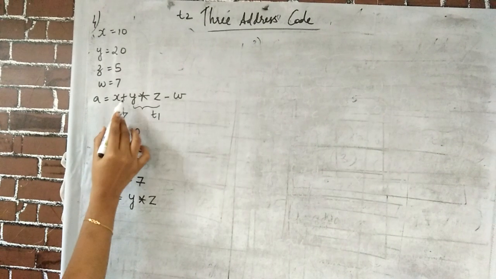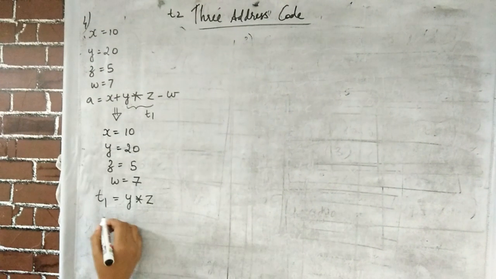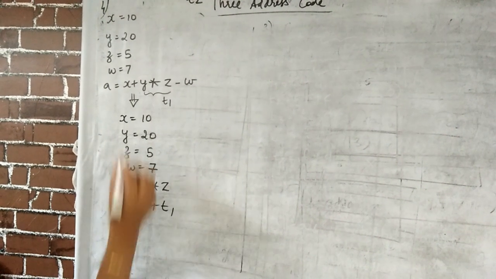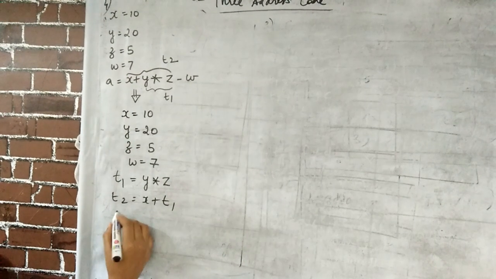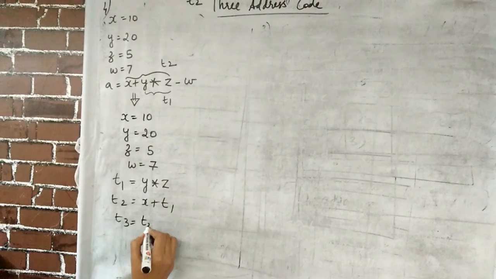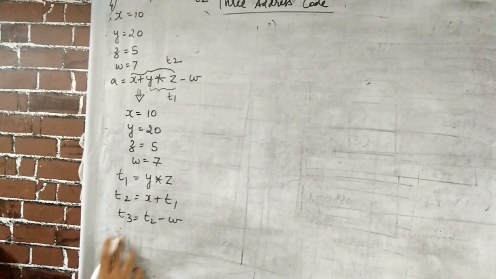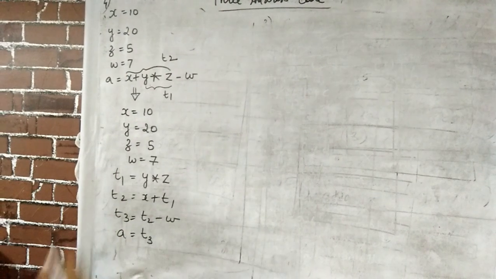So while following the left to right associativity, first you have to compute this plus operation. So X plus T1, it is given to T2. So the result up to here is now available in T2. Again T3 is equal to T2 minus W. Now the end result is available in T3, and it has to be assigned to variable A.